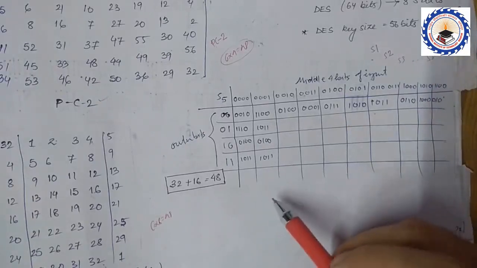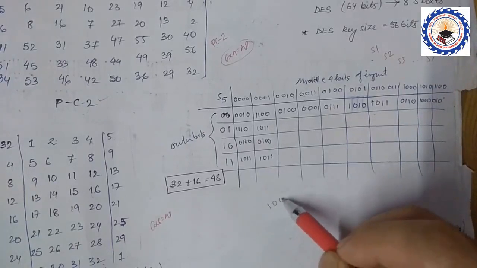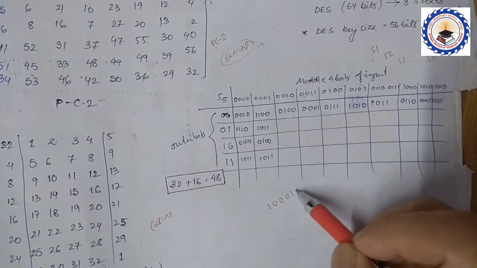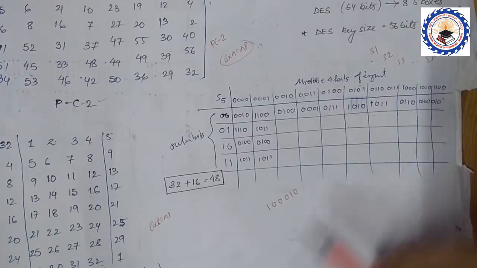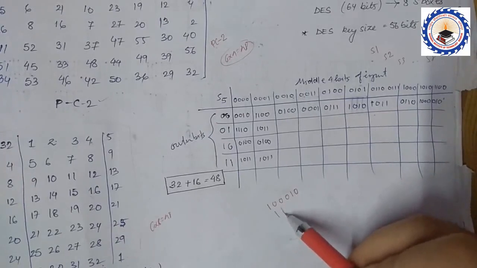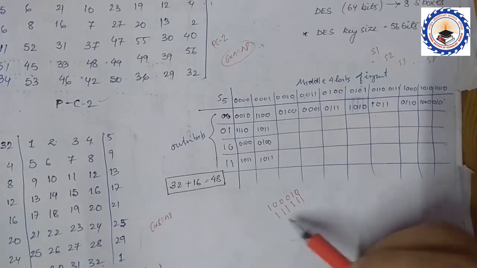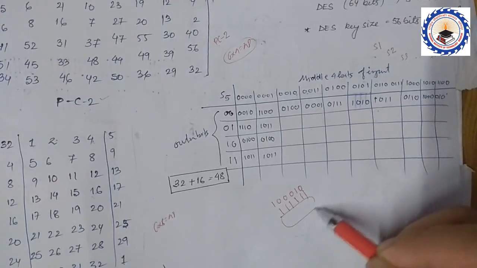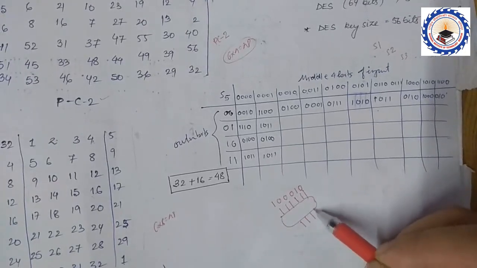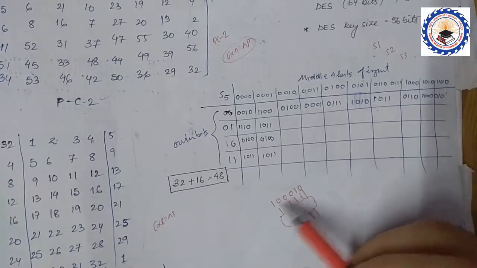Suppose I have the bits 1 0 0 0 1 0. If I have this kind of 6 inputs, 1 2 3 4 5 6, inside an S-box, the output will be only 4 bits here. So how do we generate this?